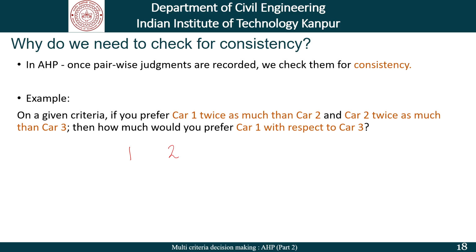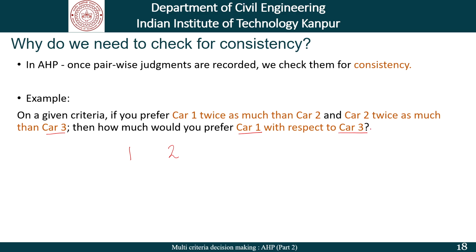So, here we are saying car 1 is slightly more preferred than car 2, but the number we have assigned is 2, and at the same time we are saying that car 2 is again twice as much preferred than car 3. The question could be, what should be your preference for car 1 with respect to car 3?